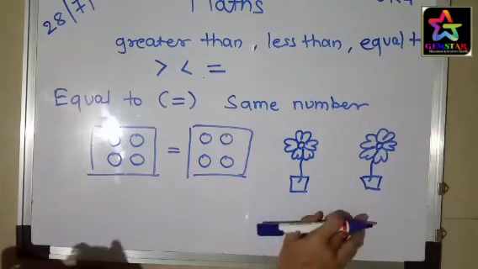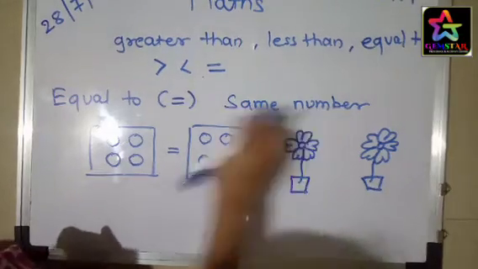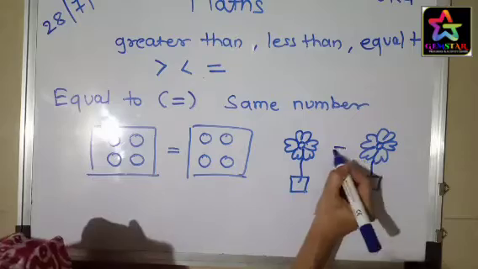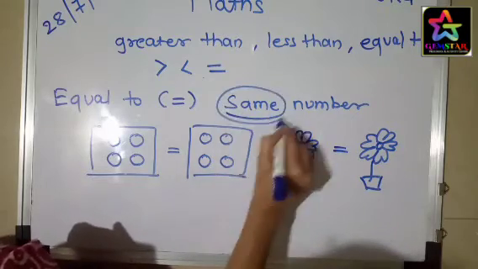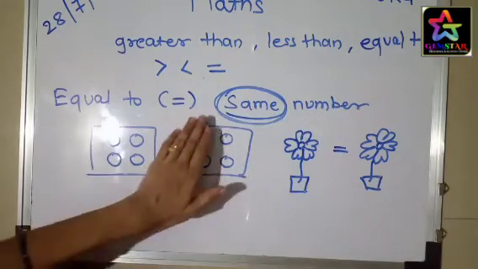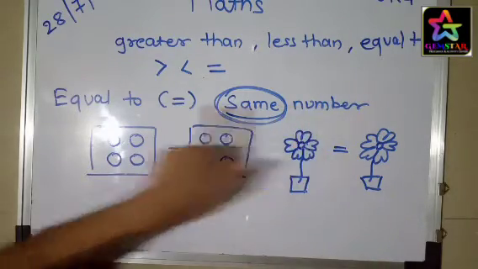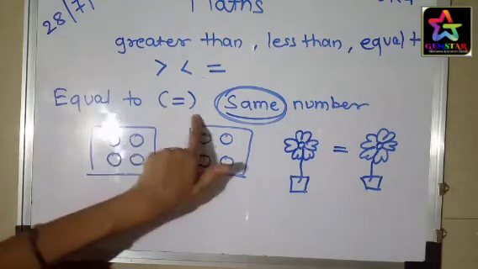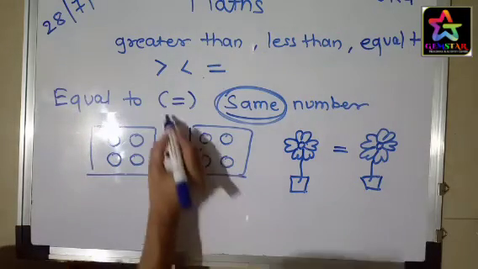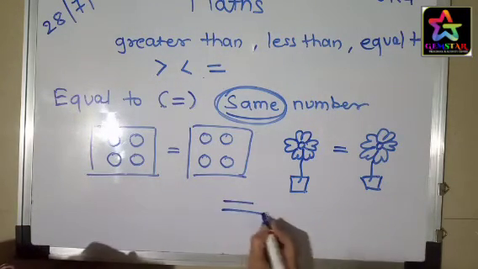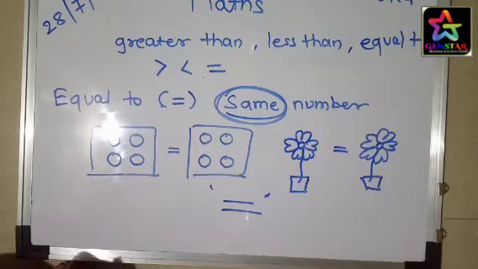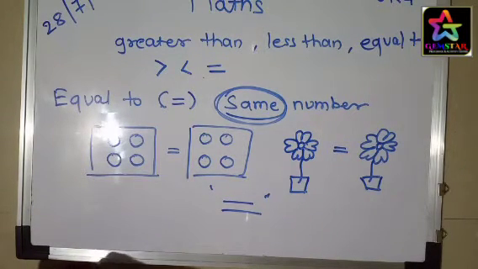So we will say there are the same number or equal number of flowers. Same number, it's important. If the two things share the same number, then we can say they are equal. And we use the sign, this is equal to. Okay? We'll take some examples.